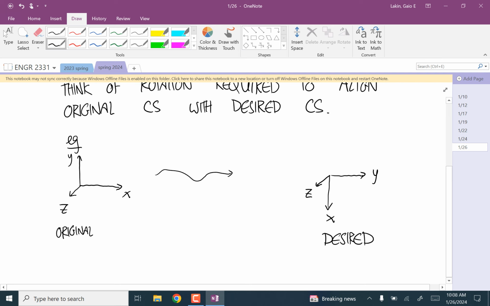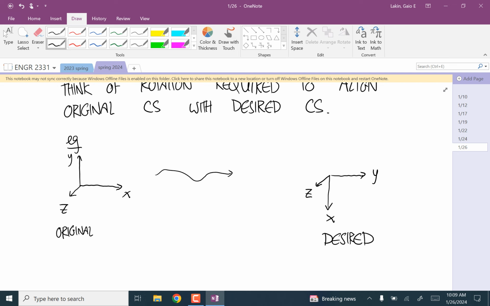So if you're rotating about x, this way would be negative and that would be positive? Yeah. Just always imagine that the coordinate system is pointing towards your eyes, and then it's counterclockwise, clockwise.